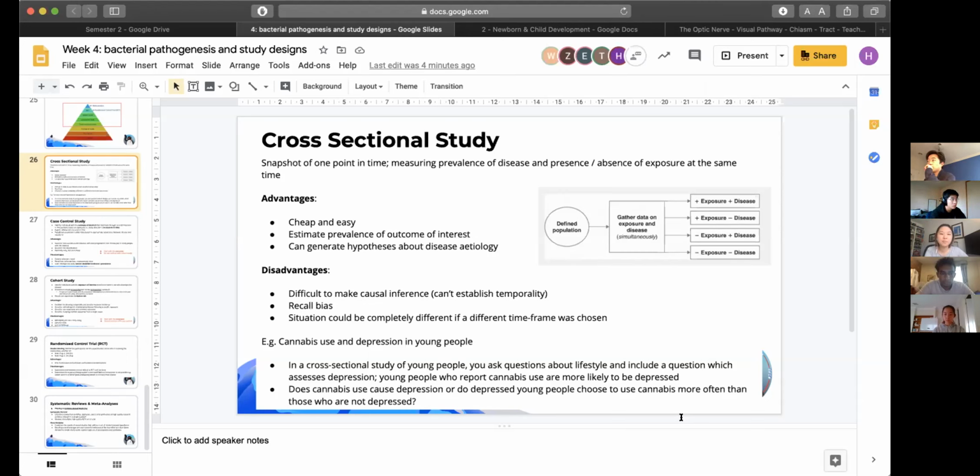However, this begs the question, does cannabis use itself cause depression, or do depressed young people choose to use cannabis more often than those who are not depressed? So you can't establish temporality, you can't establish that cause and effect. But once again, it is a good basis to generate possible hypotheses for further study and further research.